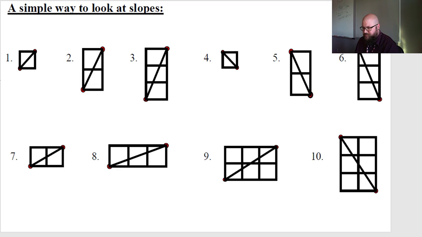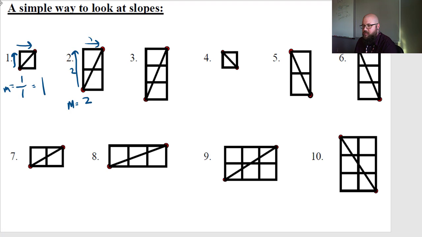So with these, you want to look at them and go rise over run. So we're going up 1, we're going to the right 1. So we have 1 over 1, but it should give you 1. That's our slope. So our slope here, number 2 is, we're going up 2, we're going over 1.